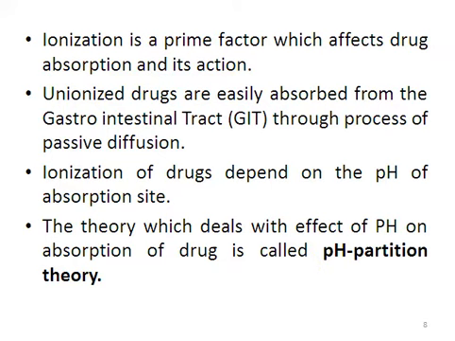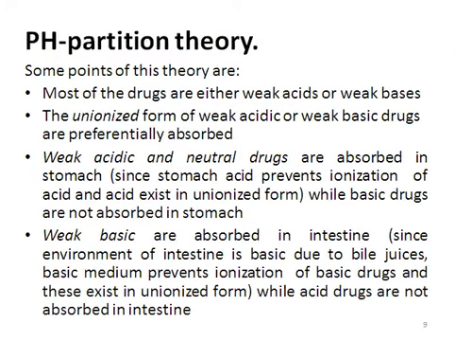The salient features of this theory are that most of the drugs are either weakly acidic or weakly basic. Secondly, the unionized forms of the drug, whether they are acidic or basic drugs, are preferentially absorbed, right? In the previous slide we also saw that unionized drugs are easily absorbed.